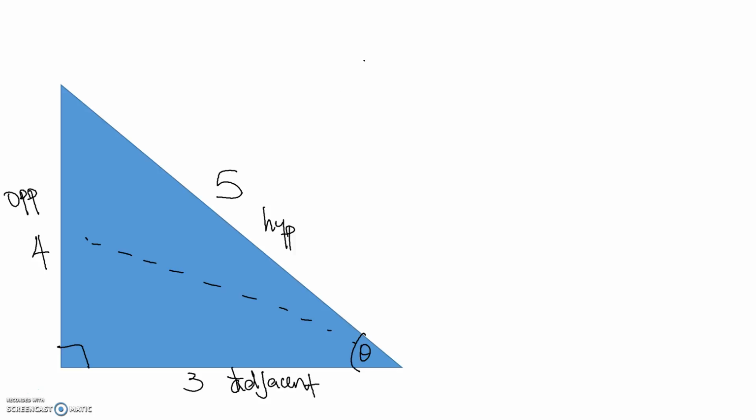Now, if we are looking at sine theta, it basically means what is the sine ratio of the triangle, taking reference from theta. Okay, so sine theta from what we saw just now is the opposite over hypotenuse, which in this case the opposite is 4 and the hypotenuse is 5.